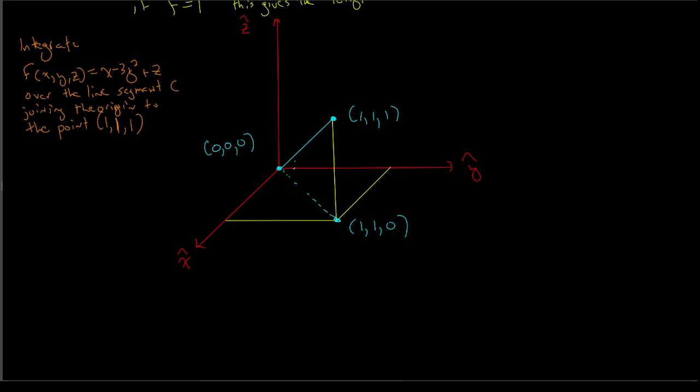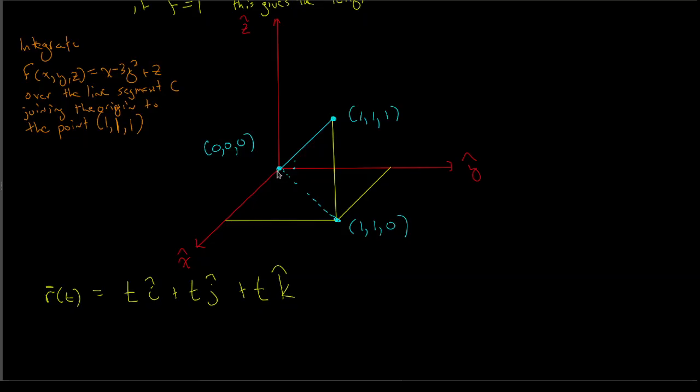where we're going to make r of t equal t i hat plus t j hat plus t k hat.